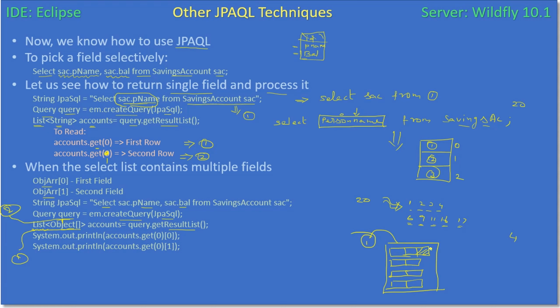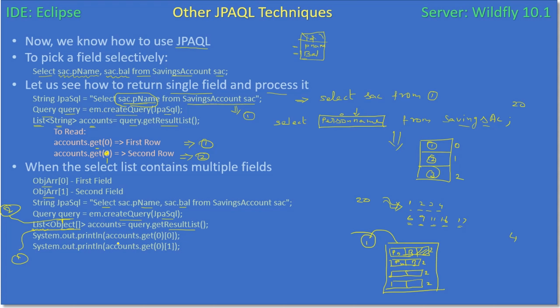This is the object array inside the list. Each one is an object array. You see how it goes. And the fields are, this is p name, balance, right? It will appear in the same order: p name, balance, p name, balance. So that's how we have to process.